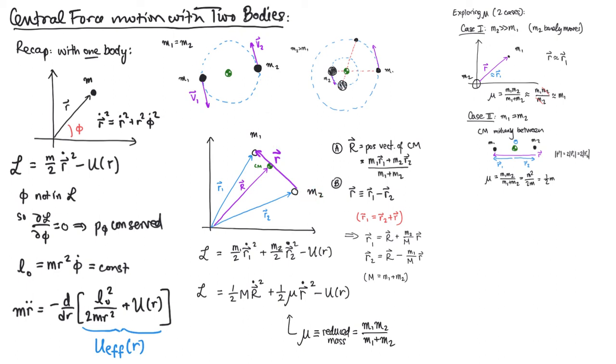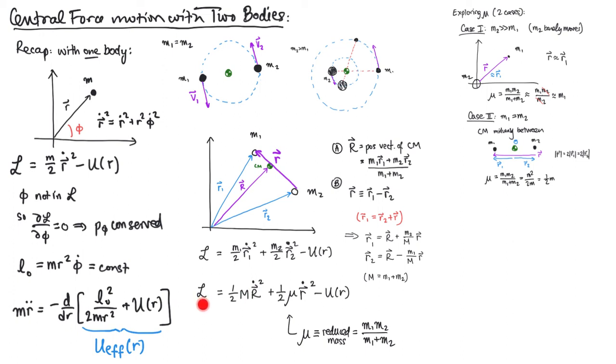And if there's no external force on the system, that means the center of mass is either at rest, in which case r dot will be 0, big R dot will be 0, or the center of mass is moving but at a constant velocity, in which case this is a constant, capital R dot squared.